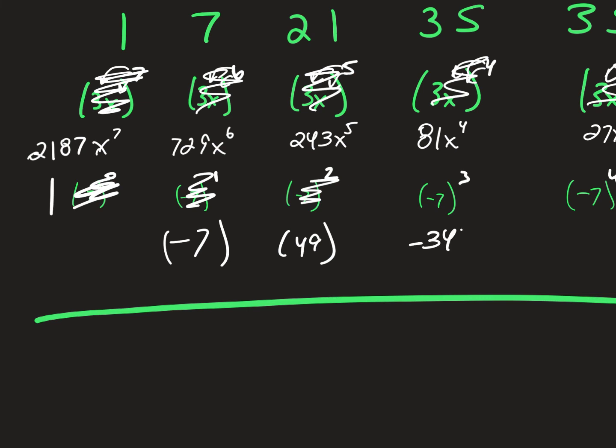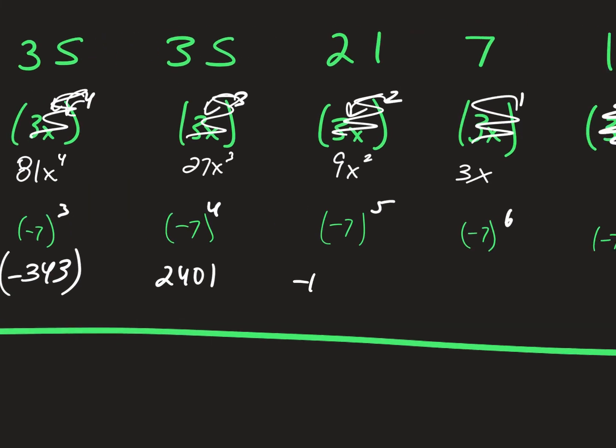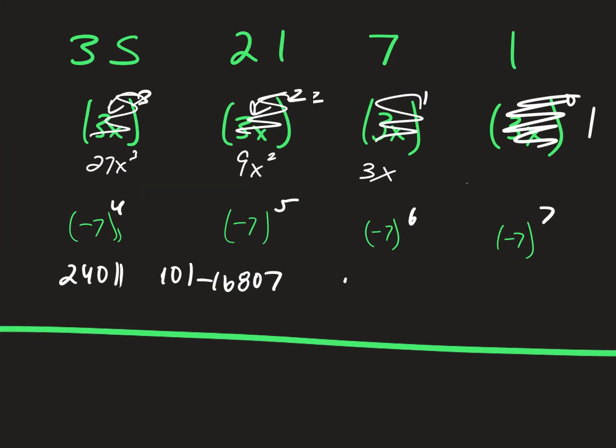So negative 343. 7 to the fourth, 2401. 7 to the fifth, negative 16807. Right? 7 to the sixth, 117,649.